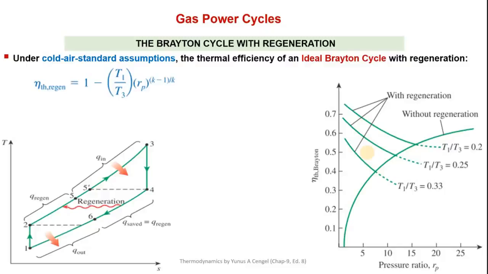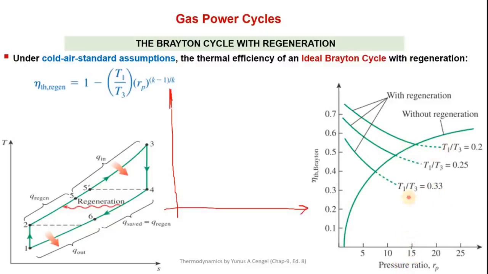So if I draw the diagram again here. Now let's first consider the effect of T1 by T3 for any fixed pressure ratio.